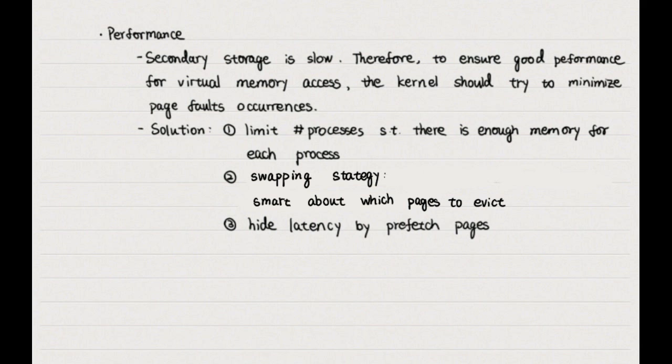Suppose that there is 1 page fault after every n memory accesses. The time of n memory accesses is n. The time of a page fault is 1,000, so the total time is 1,000 plus n, and the time without using secondary storage is n.